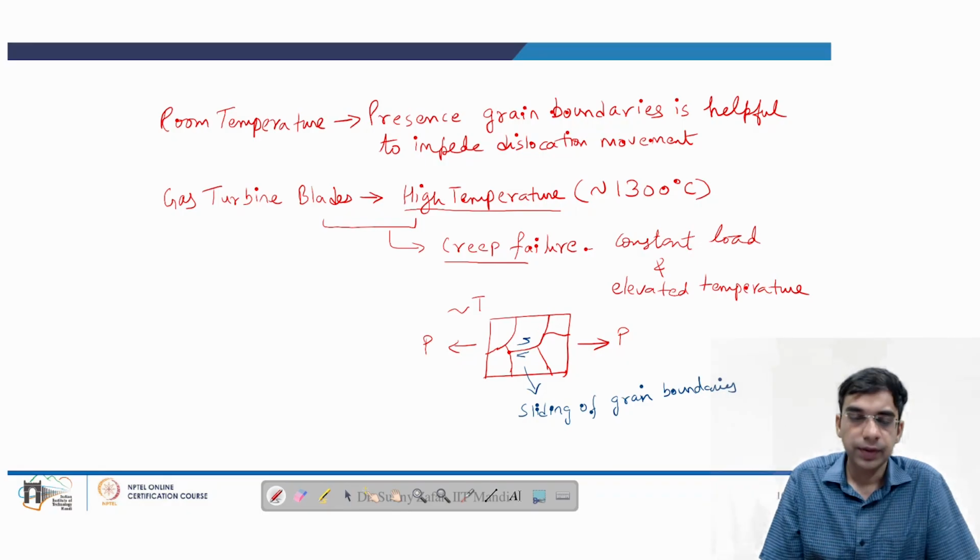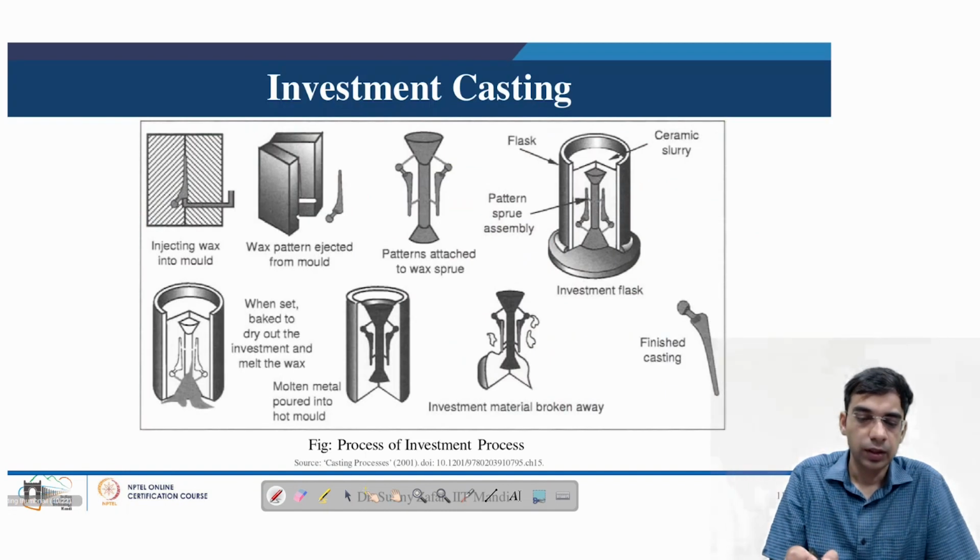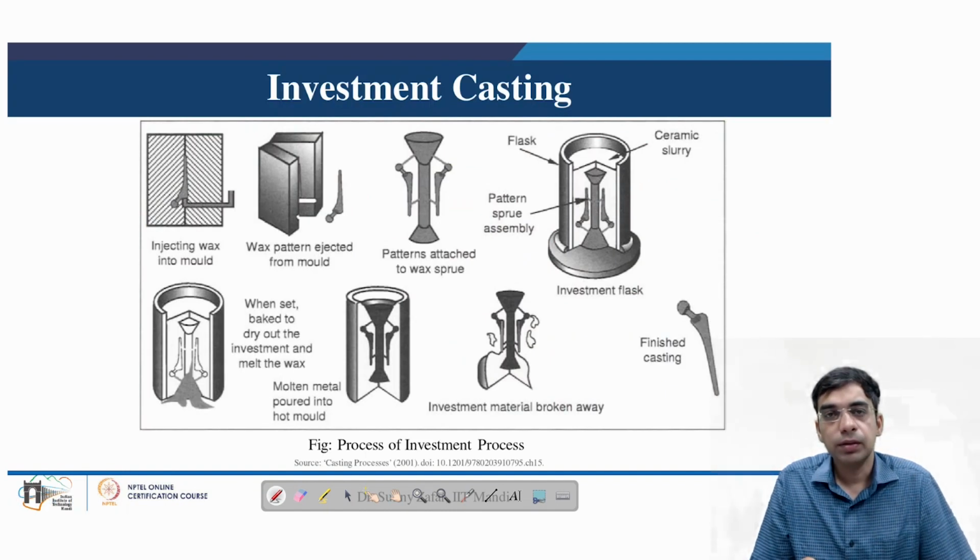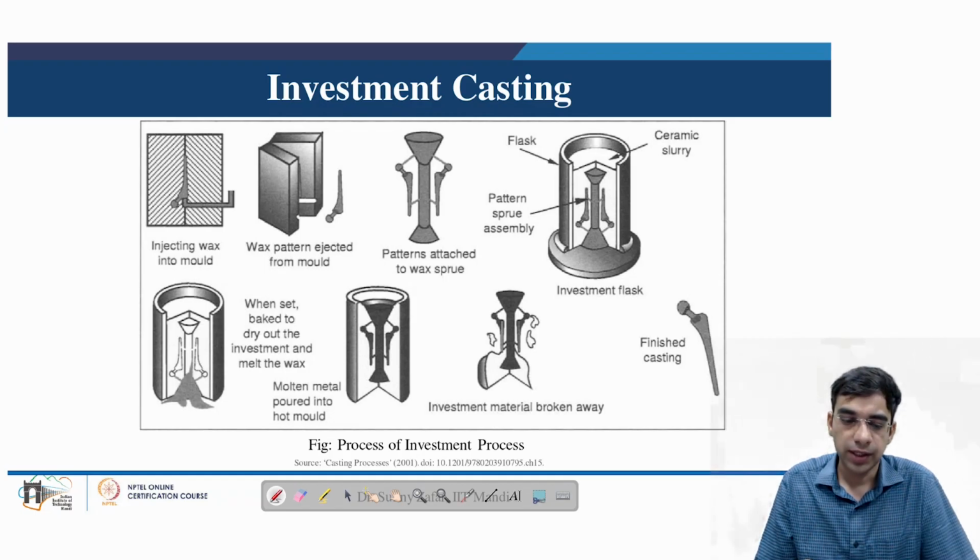So to do that, we have specialized casting processes that we will now see. So primary shaping of the gas turbine blades is done utilizing the investment casting process. As we have seen in some of the previous lessons, casting is a very wide topic.